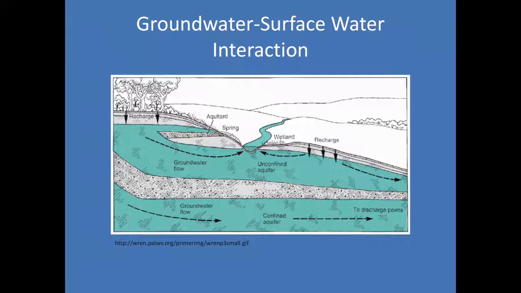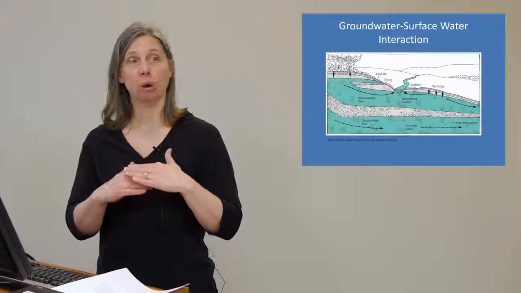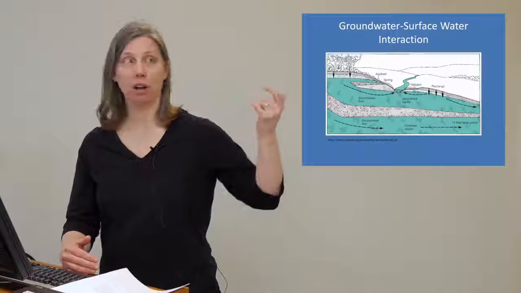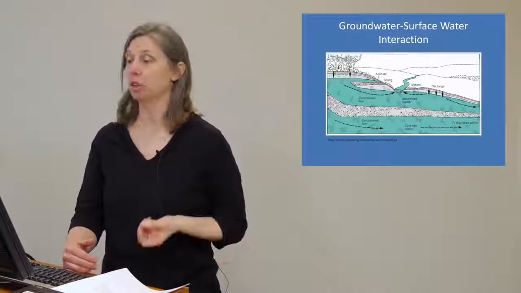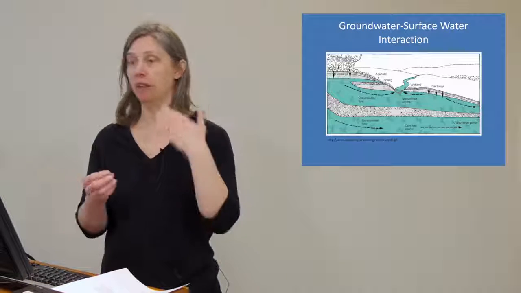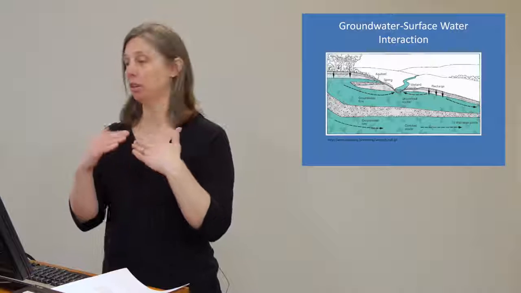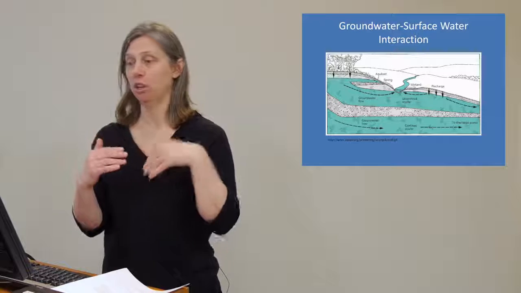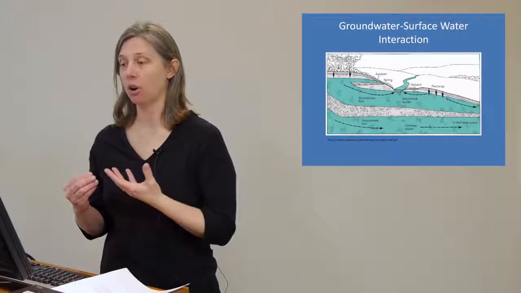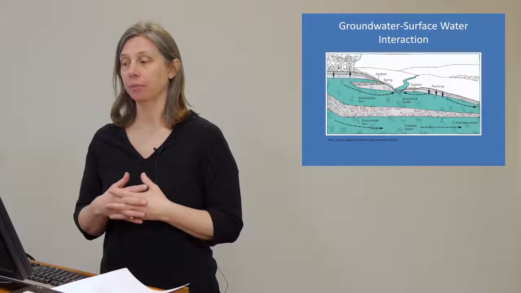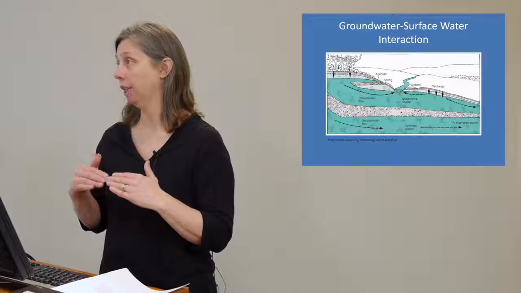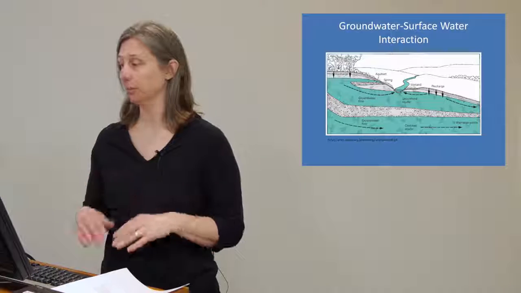Confined aquifers are usually deeper, they're under more pressure, and their regional groundwater recharge is usually from farther away, where your unconfined aquifers have more of an interaction with what is occurring on the surface. Your recharge is much quicker, you have more connection to the surface hydrology, and there's more of an exchange in a shorter period of time in our unconfined aquifers.